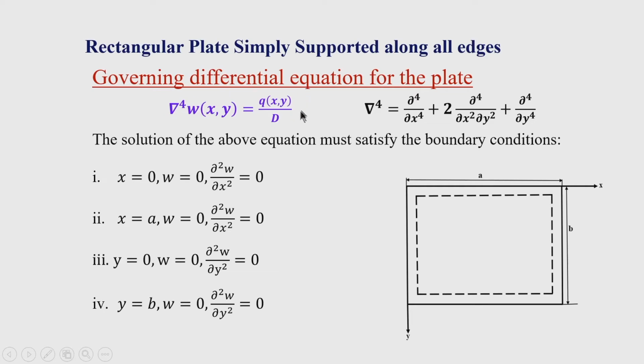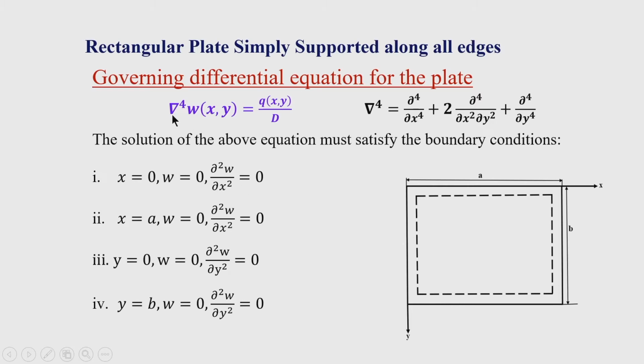the conventional rule of solution of the differential equation, but Navier overcame this difficulty by using a double trigonometric series. The double trigonometric series that he proposed is valid only for a rectangular plate having 4 edges simply supported.